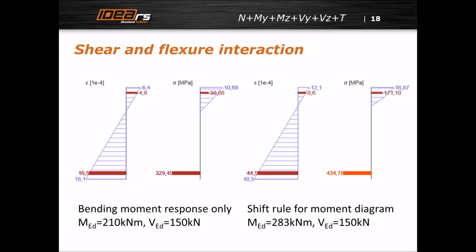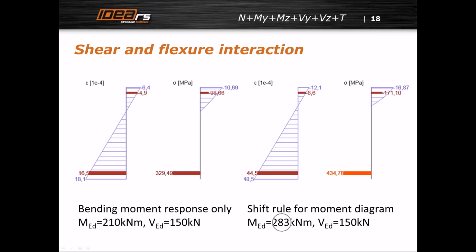First, what comes to our mind, of course, to respect the effect of shear is the shift rule. Everybody knows the shift rule in Holland. I remember that I was asked many times by Dutch customers about it. So we tried to calculate the increase of bending moment.